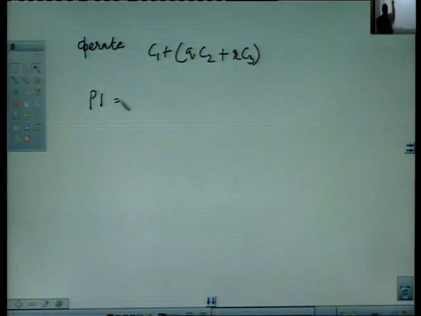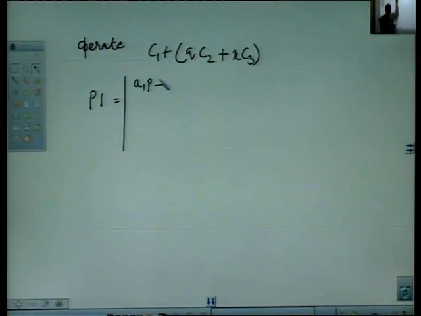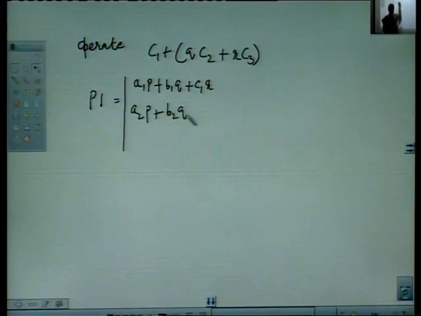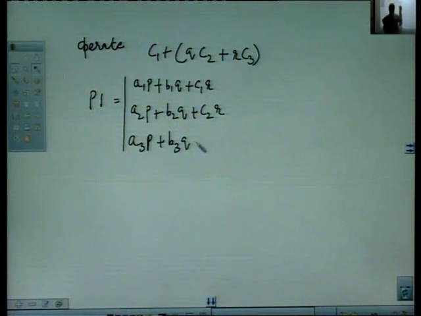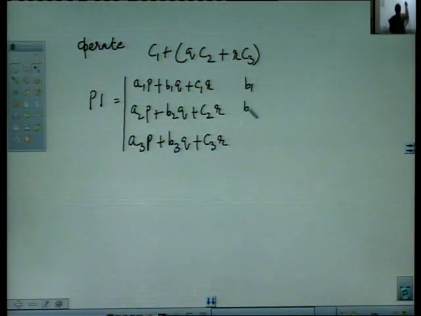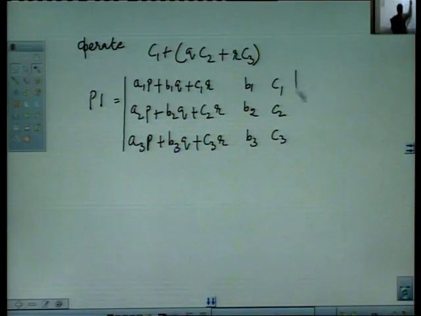Then our PD is equal to A1P plus B1Q plus C1R, similarly A2P plus B2Q plus C2R, and A3P plus B3Q plus C3R, and the remaining columns will be the same.